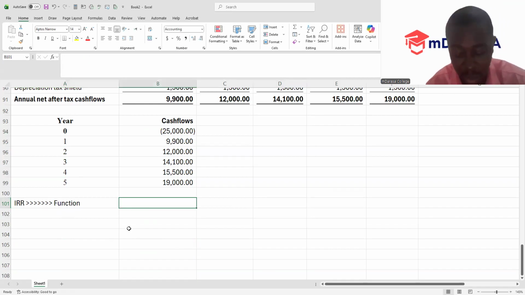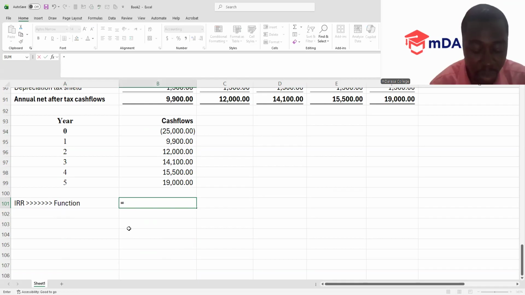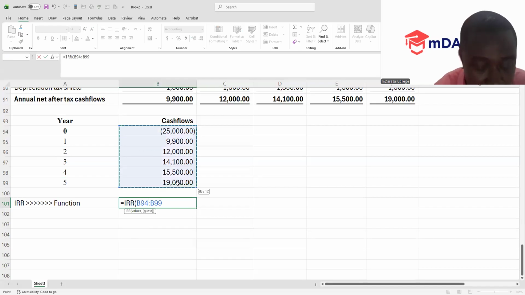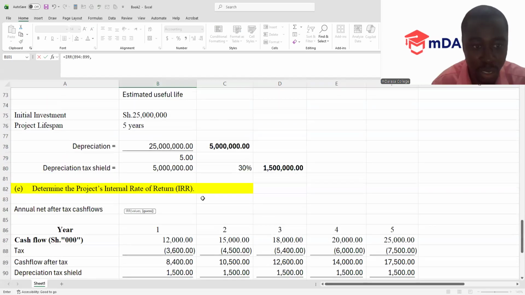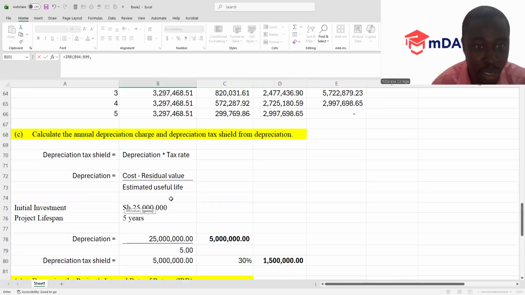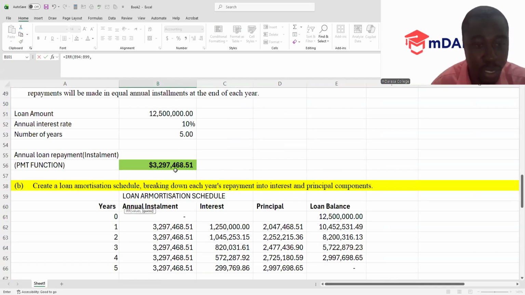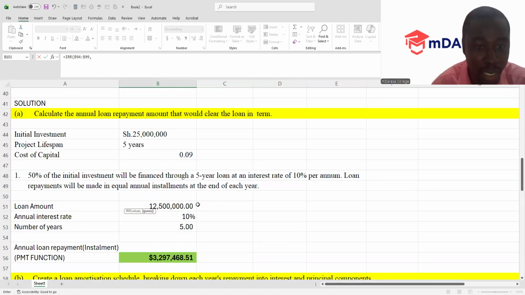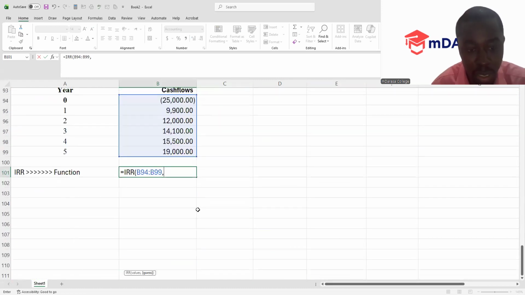So in this case, we type equal sign, IRR, tab, our values including the initial outlay, comma, the guess value in this context. Initially, we had 9%, right? So we can take a value that is higher than the 9%, which in this case, you can take, say, 10%.